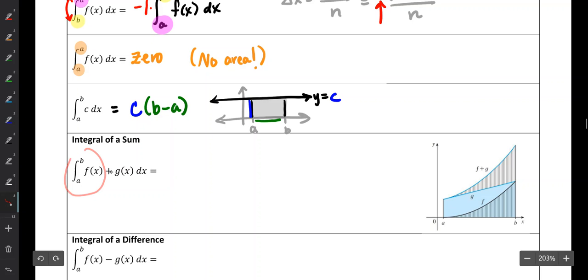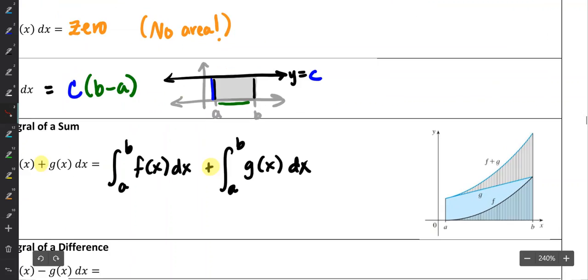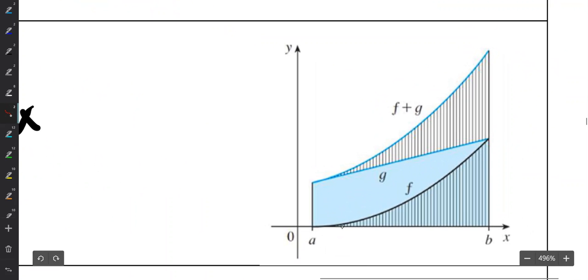The integral of a sum of two functions, we can think about the area under f on its own, and then think about the area under g on its own. And what do we do? We go ahead and add those two areas together. This picture out of our textbook I really like. Let's zoom in. Here's the area under f.